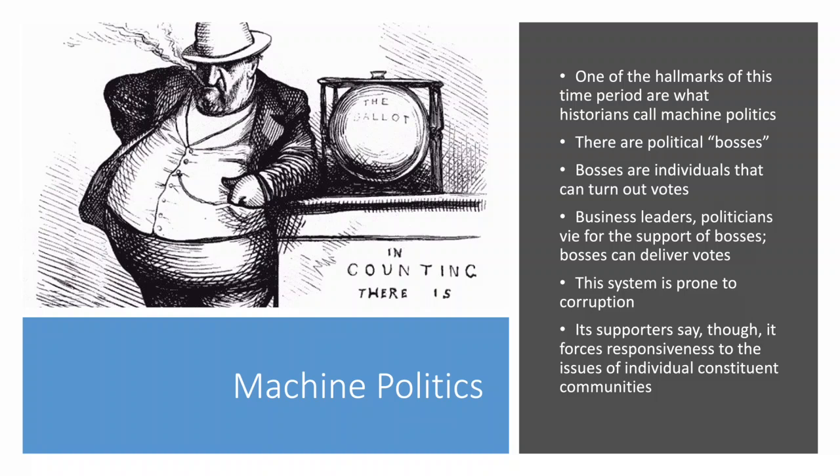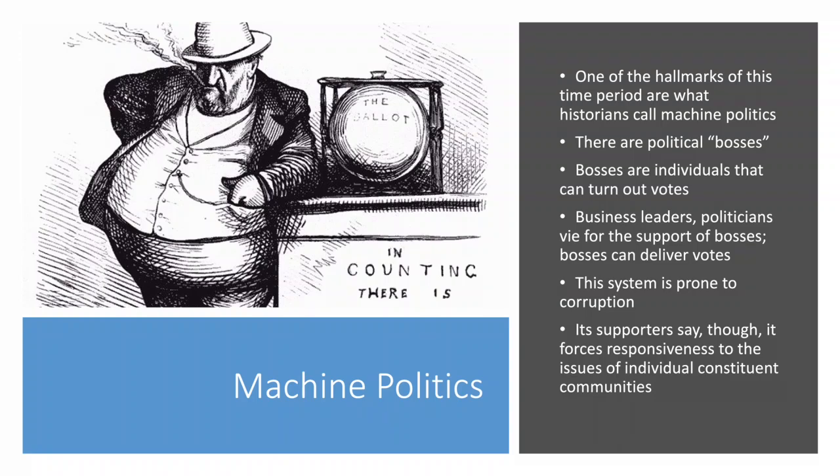And they say that this system might seem corrupt on the surface, but it was a way to mobilize voters and force politicians and political parties to be responsive to the needs of individual communities in their districts, in their state, or in the country as a whole. In other words, what its supporters say is, look, these bosses might have been corrupt, because many of them were, but they also knew that they could only move the voters in their district if they were seen as delivering for those voters.